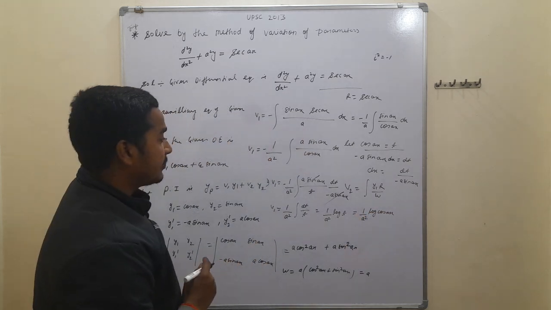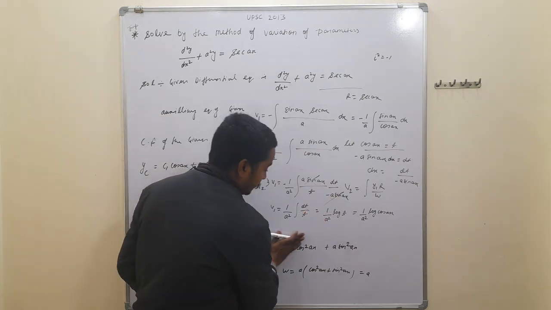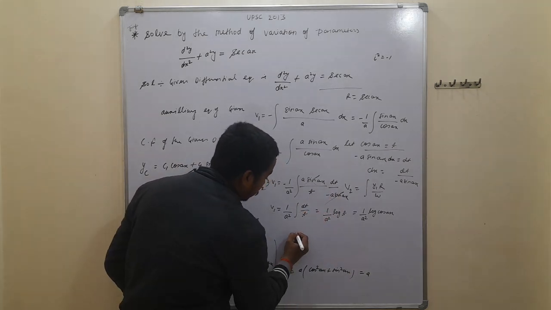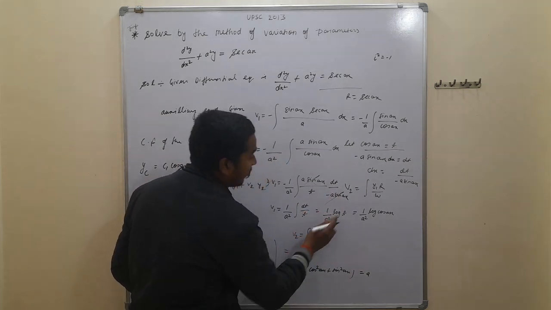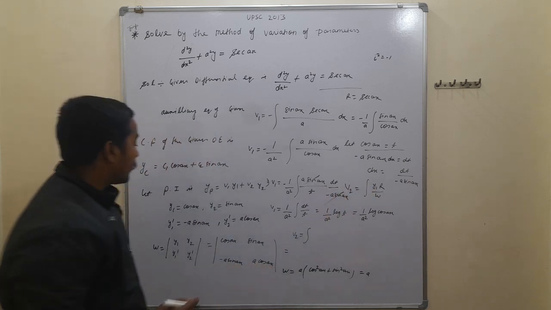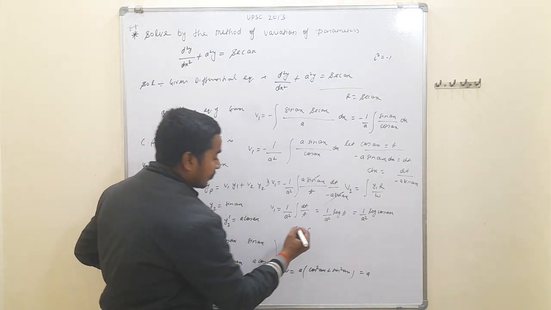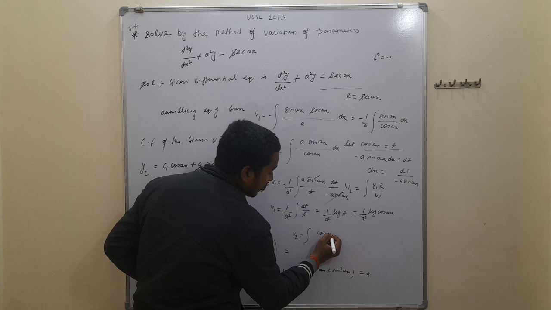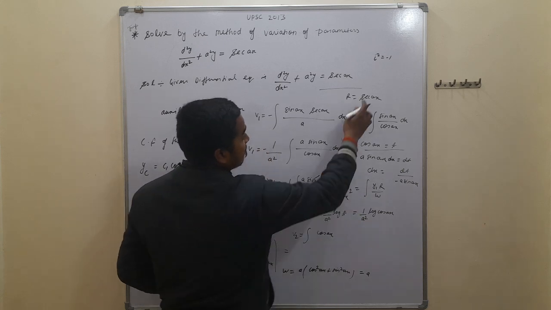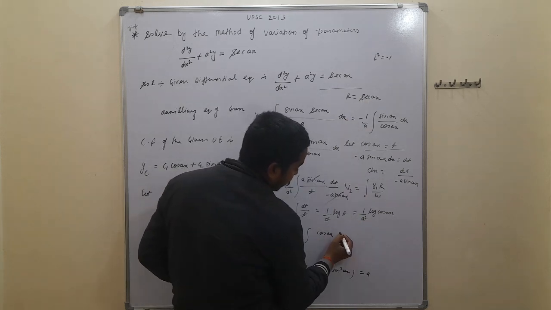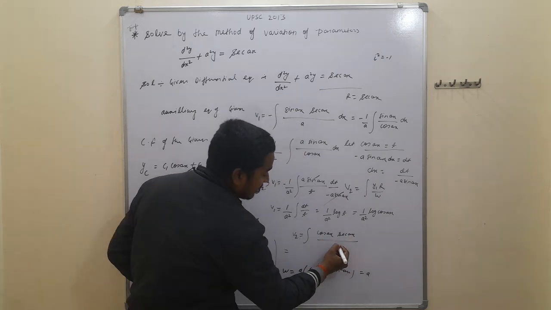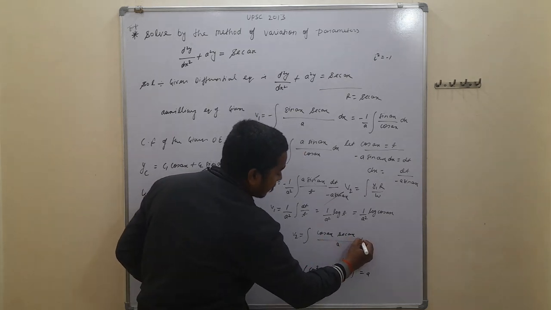Further we have to find v2, and v2 is given by integral of y1 times r upon w. Here y1 is cos ax, and r is sec ax, w is a, into dx.